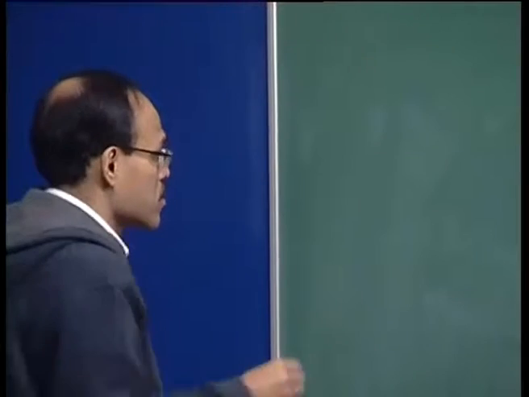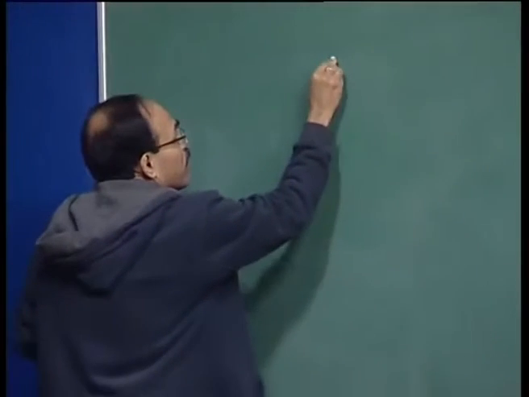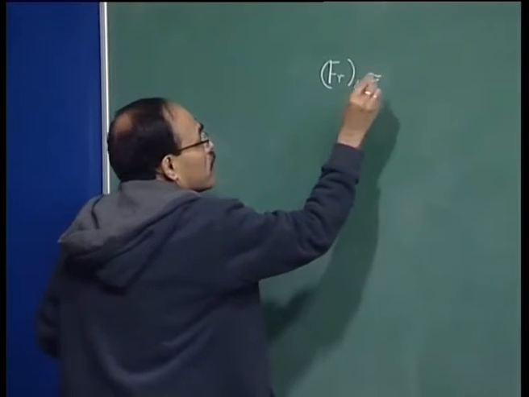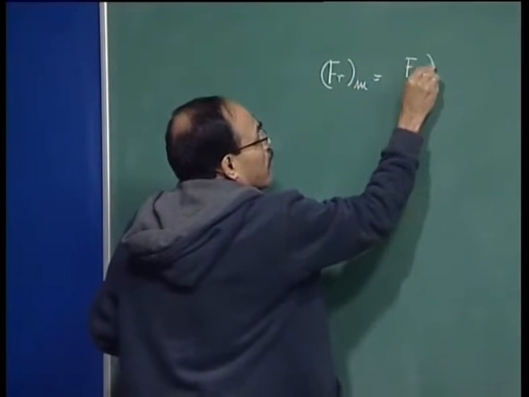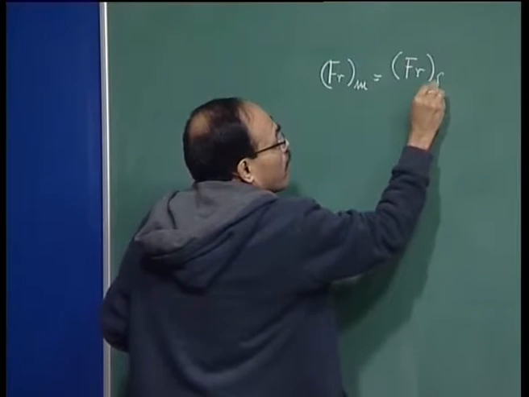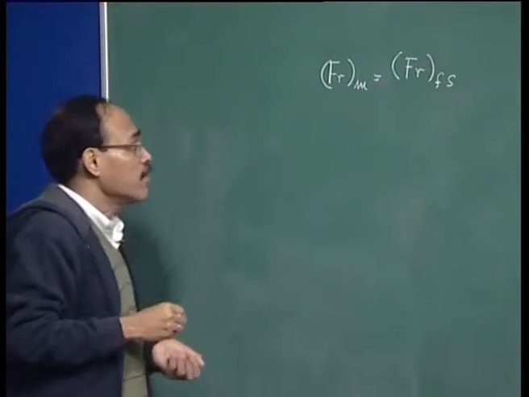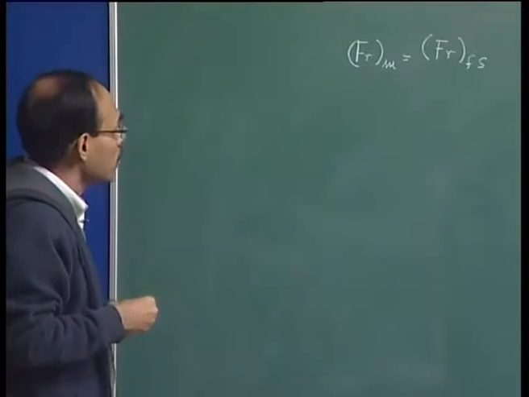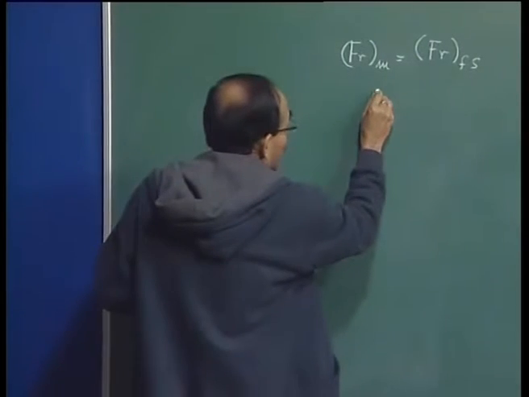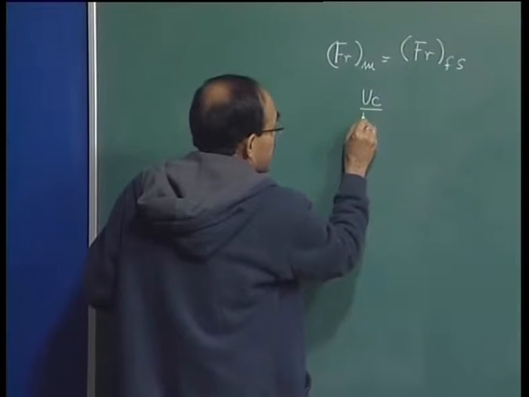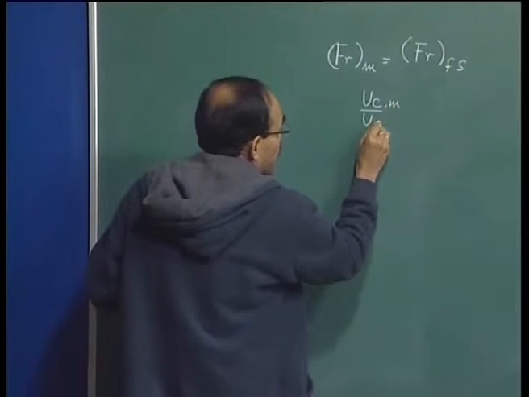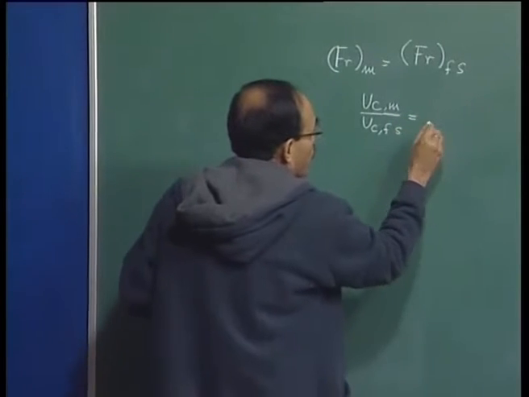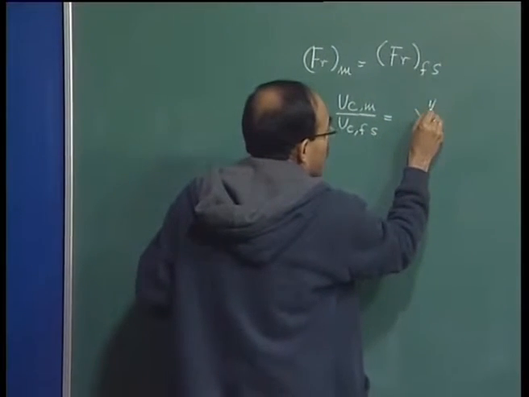So, the consequence of stating that the Froude number equality holds good, or that this represents the modeling criteria or dynamic similarity criteria in reduced scale modeling using water, is that the characteristic velocity scales in the system are going to be related in proportion to lambda.